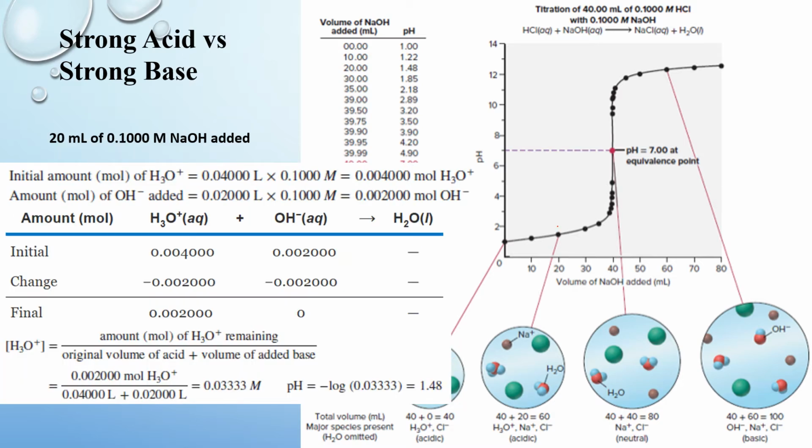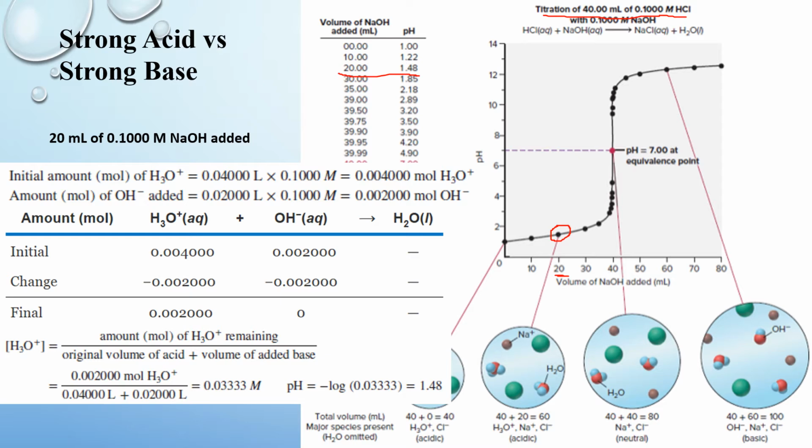Now let's look at this data point, which represents 20 ml of the sodium hydroxide, the strong base, having been added into the acid. From our data, we know that this pH is equal to 1.48. Let's see how we obtain that pH. We started with 40 ml of 0.1 molar hydrochloric acid, so the initial concentration of the acid is 0.1 molar.